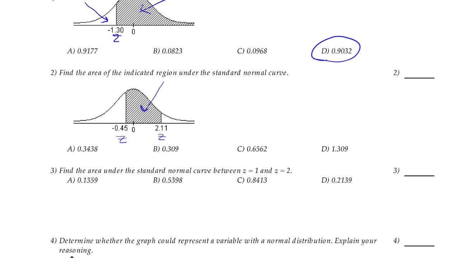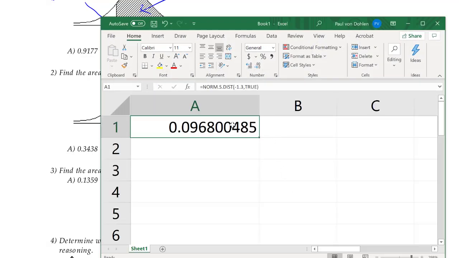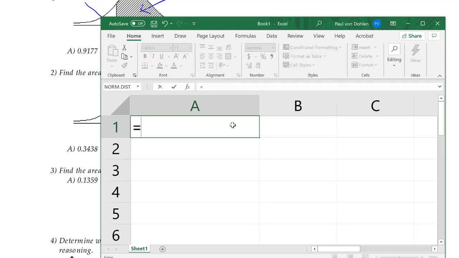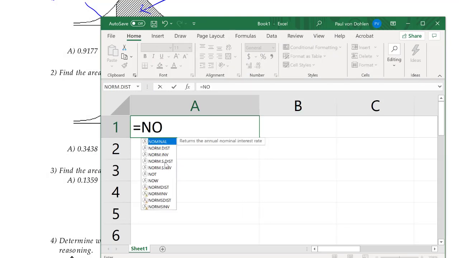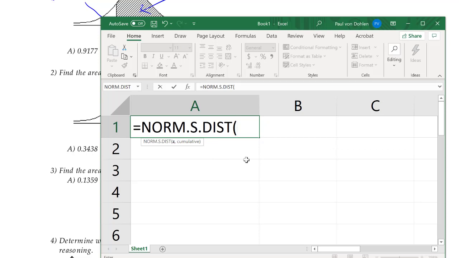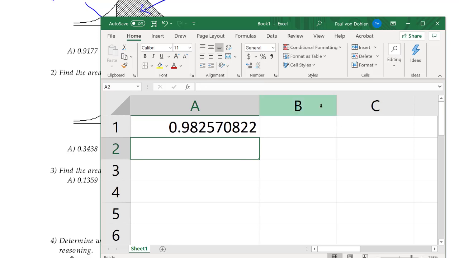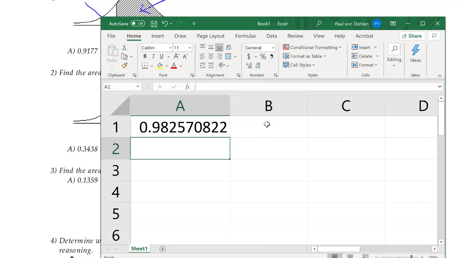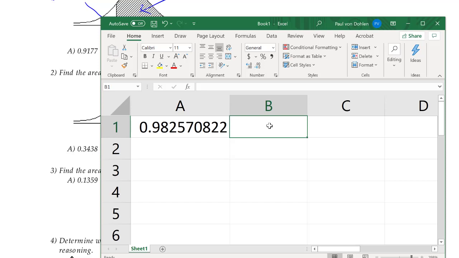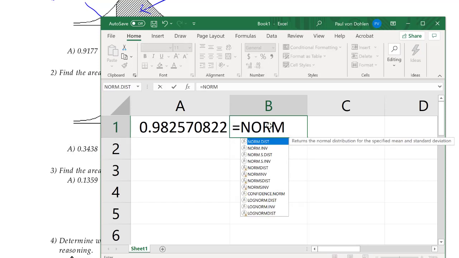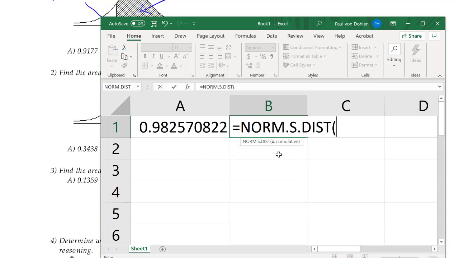So let me bring back Excel. Equals NORM.S.DIST, and I'm going to start with the 2.11, TRUE, because that's going to be the bigger one. And then over here I do the one for negative 0.45.